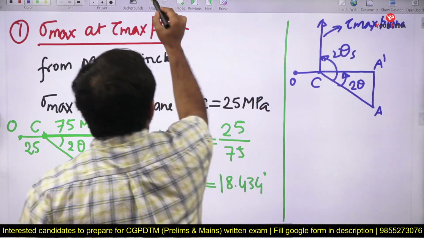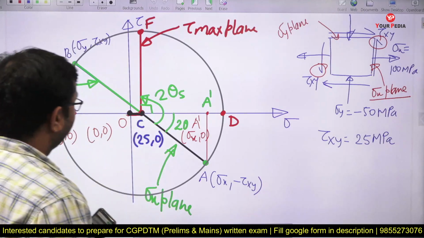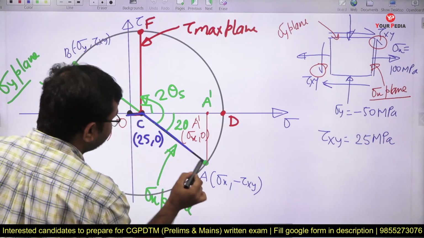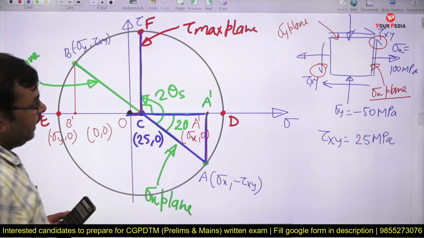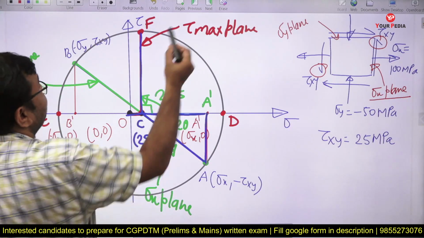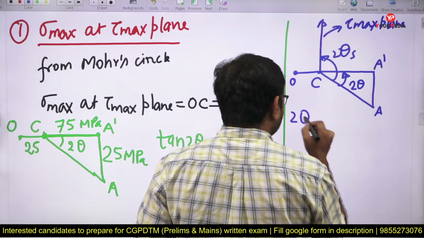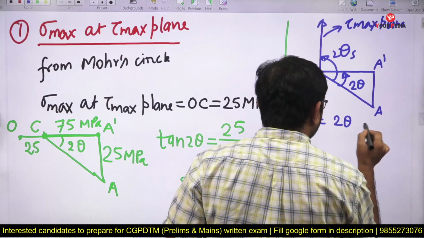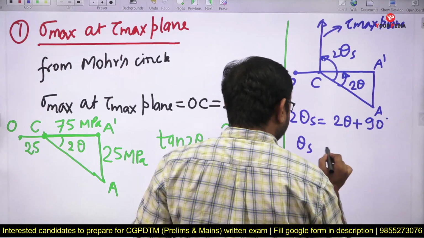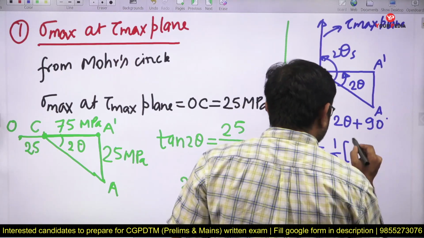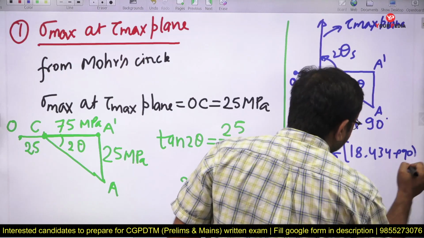Can I say? And you can see in this figure also, from this Mohr circle I am drawing this figure, this and this one, yes or no? Correct. So from this can I say 2 theta s is nothing but 2 theta plus 90 degree, yes or no? So theta s is equal to 1 by 2 times 2 theta s, which is 18.434 plus 90 degree.